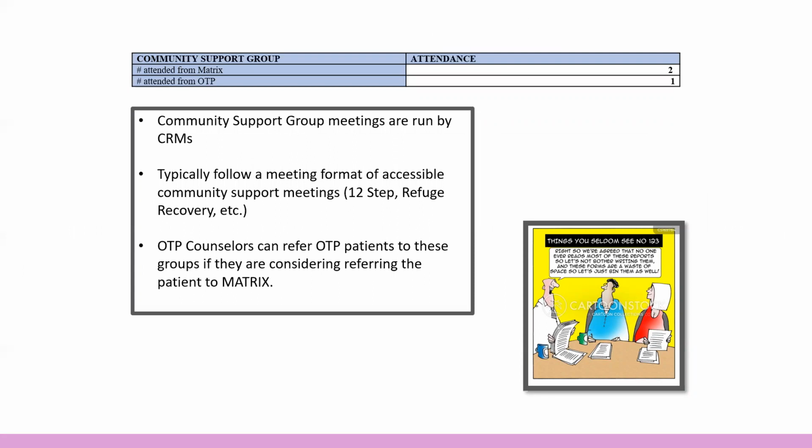Some examples include 12-step meetings, refugee recovery meetings, life ring meetings, etc. If an OTP counselor is working with an OTP patient to refer them to Matrix, and the OTP patient wants to know more about the Matrix program, the OTP counselor can refer them to the community support meeting. In this table, the CRM accounts for how many Matrix clients attended the community support meeting and how many OTP patients attended the community support meeting.